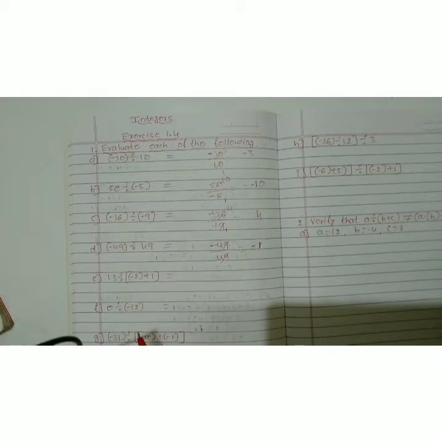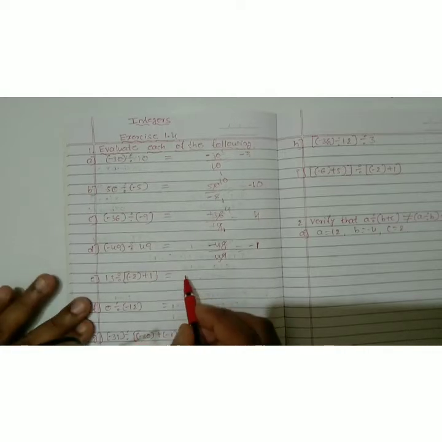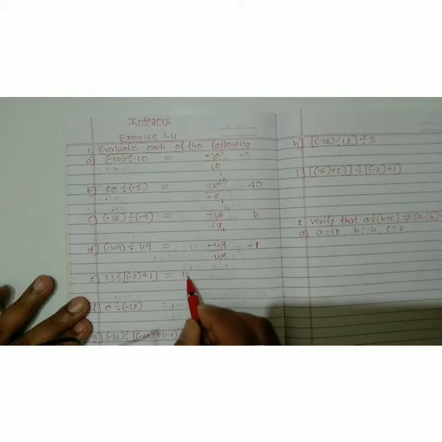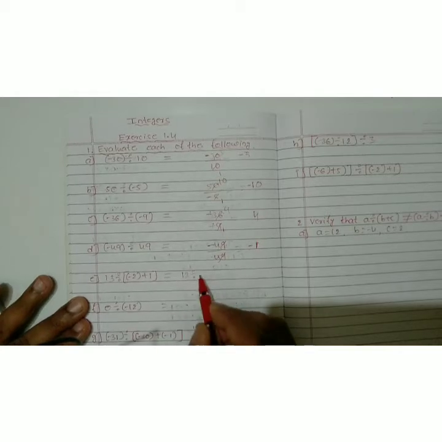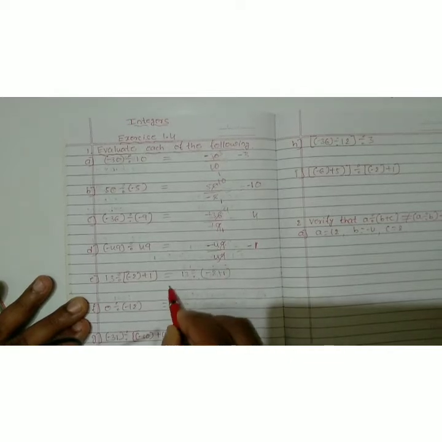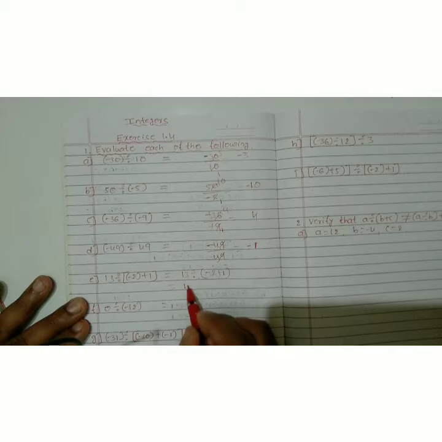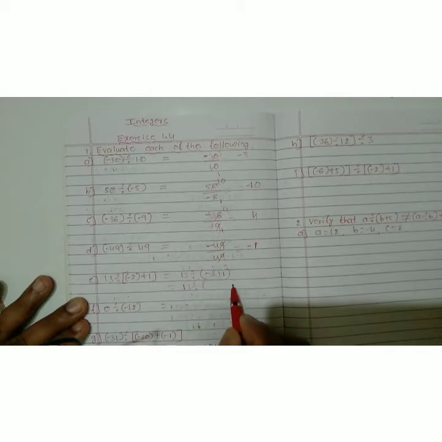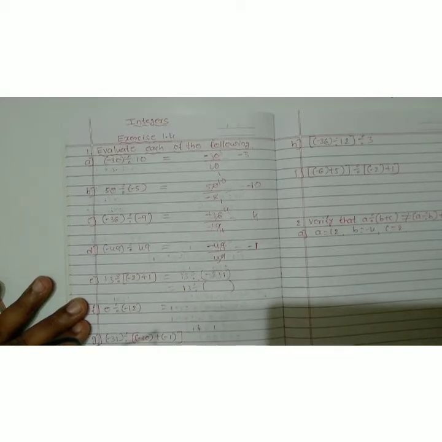So see here, 13 divided by minus 2 plus 1. I will keep the 13 as it is, and the division as it is. Then see here, minus 2 plus 1. You already know addition and subtraction of integers.